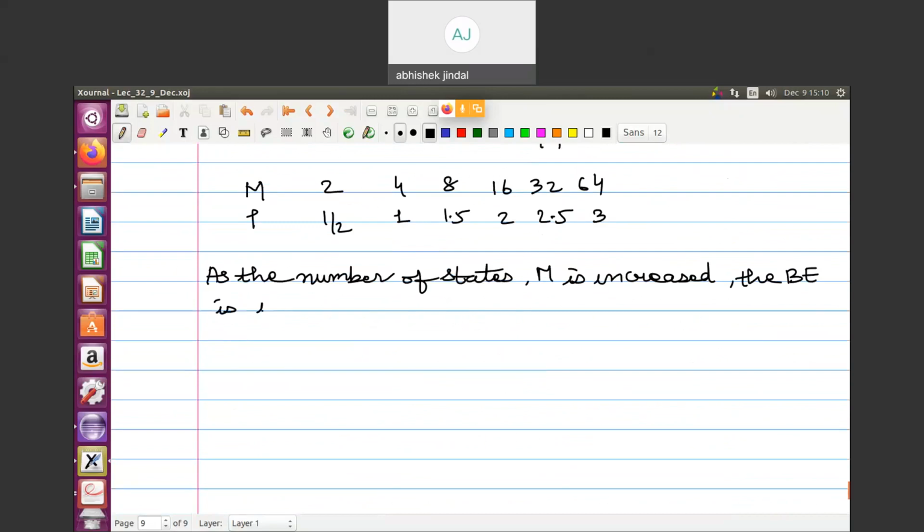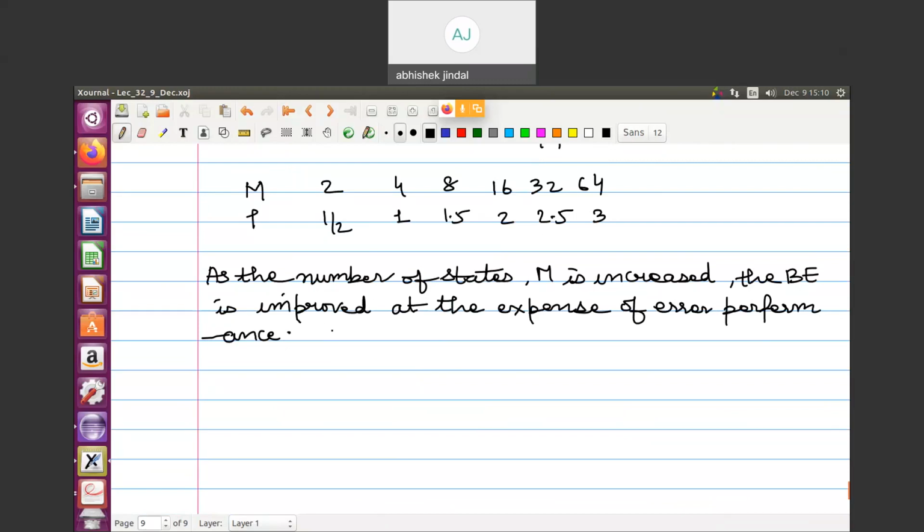BE is improved at the expense of error performance. Okay. So this is, I am quoting from Haykin, page 368.